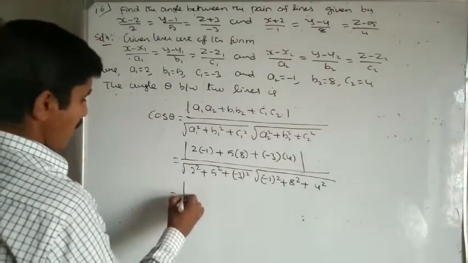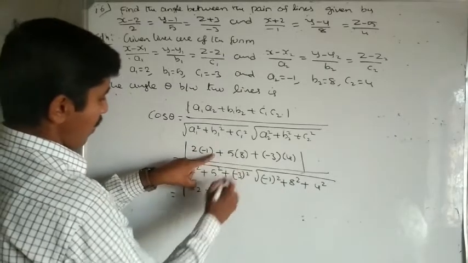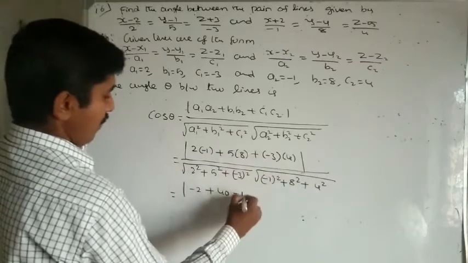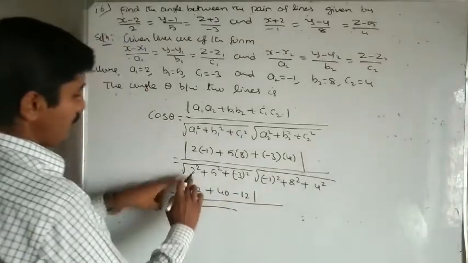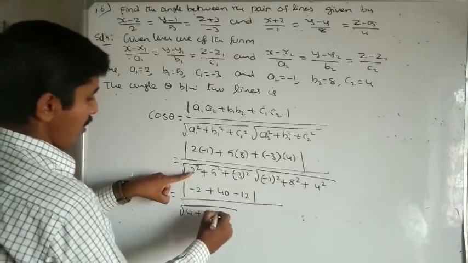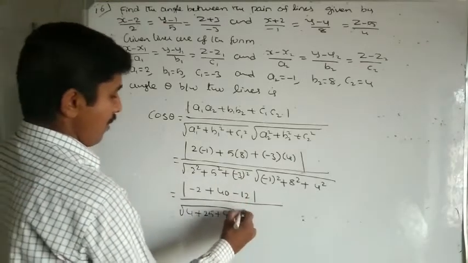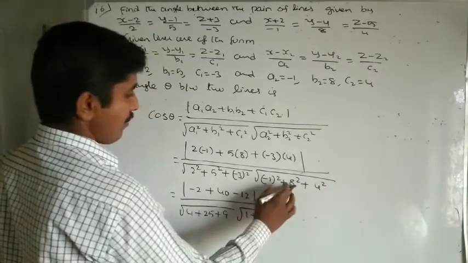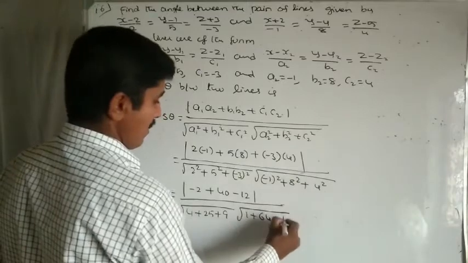Simplify this. Modulus of 2 into minus 1 is minus 2, plus 5 into 8 is 40, plus minus 3 into 4 is minus 12, divided by root of 2 square 4 plus 5 square 25 plus minus 3 whole square 9, into minus 1 whole square 1 plus 8 square 64 plus 4 square 16.